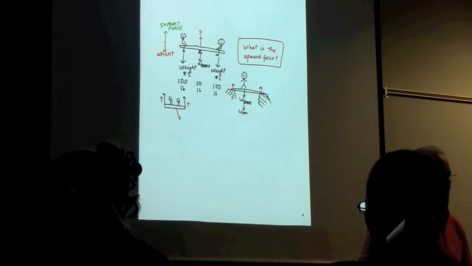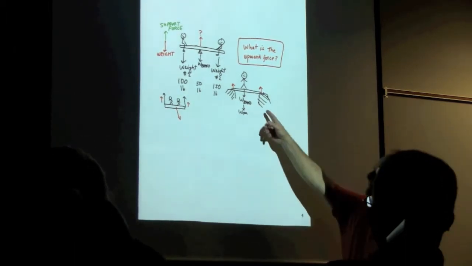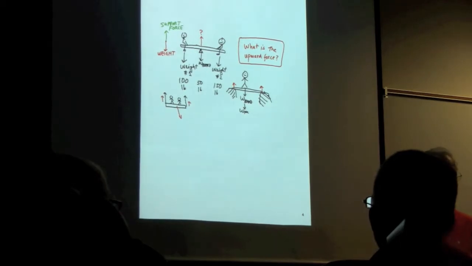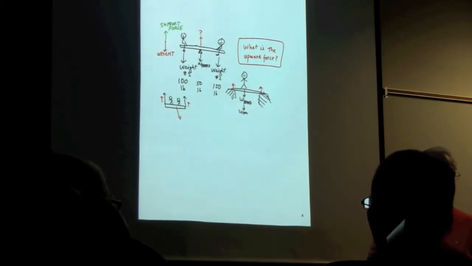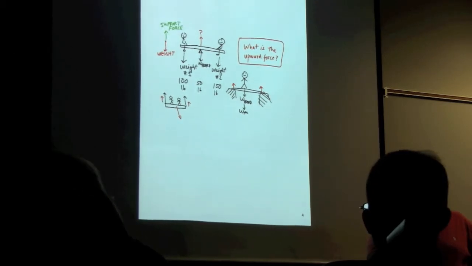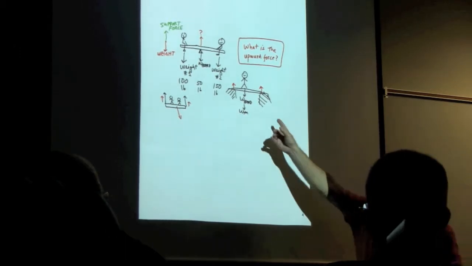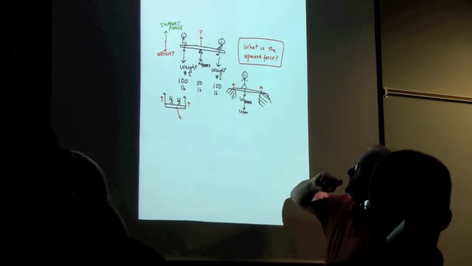Yes, sir. So the person standing on the piece of wood, if he weighed 100, would the weight be split 50-50, or would it be 100 on each side? It'll be 100 altogether, but how it's actually split will depend on where he stands. And it also has to support the wood as well.